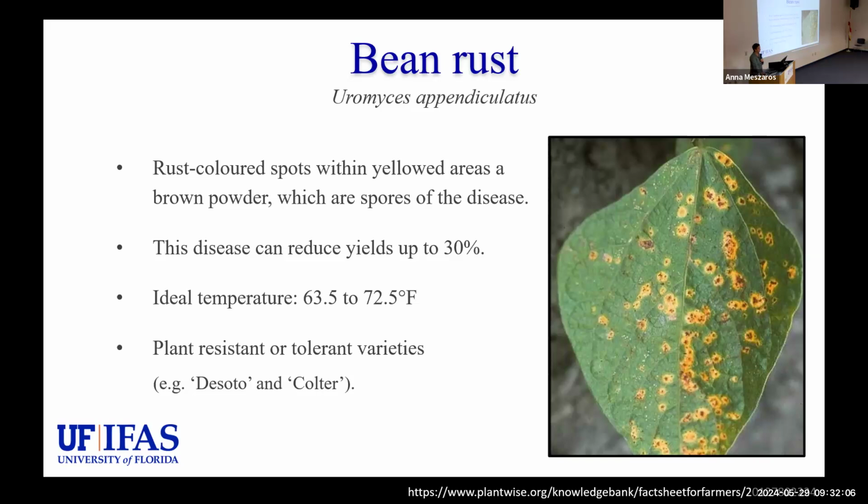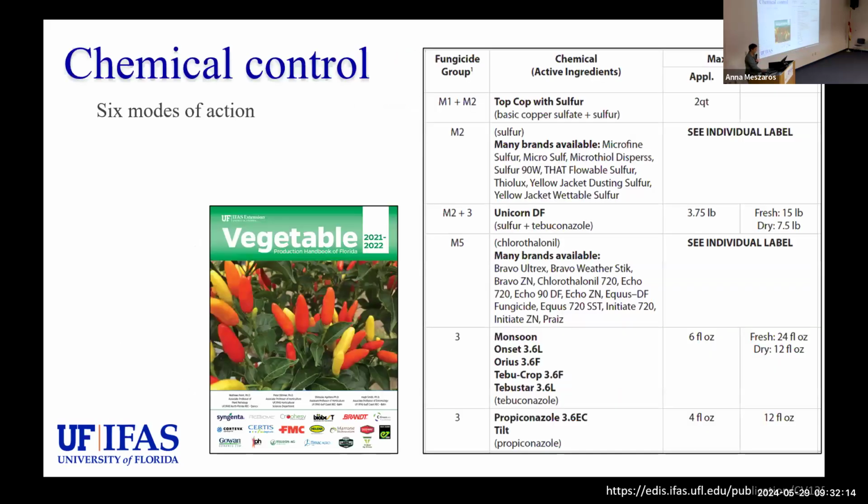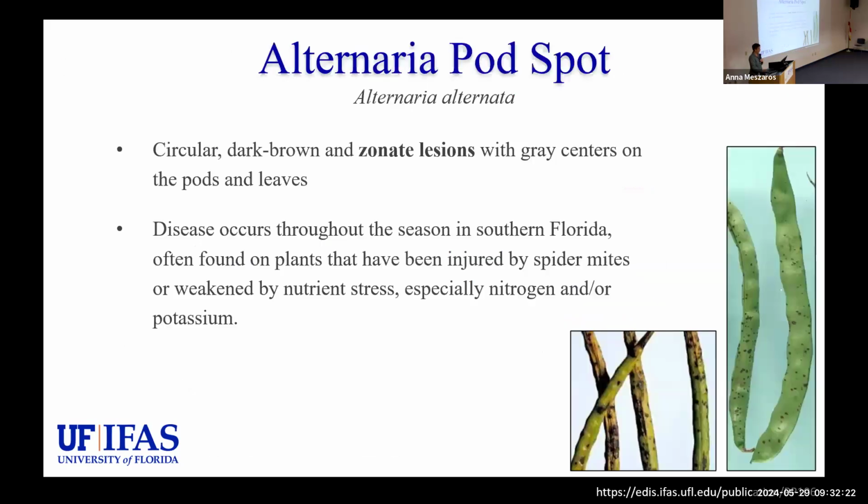So if we start with some varieties that have some degree of tolerance, maybe that can help some. So here are the chemistries that are labeled to control this disease, if you're a conventional grower. Now for the Alternaria pod spot or leaf spot, it is caused by Alternaria alternata.